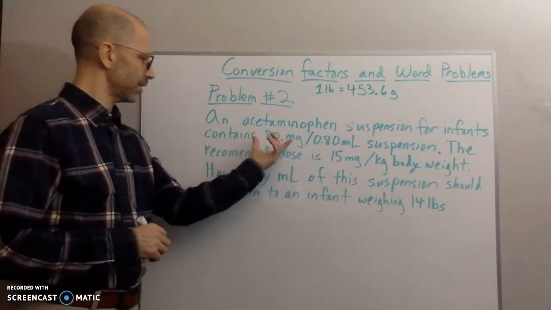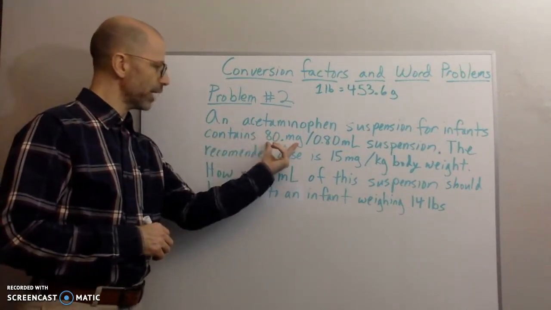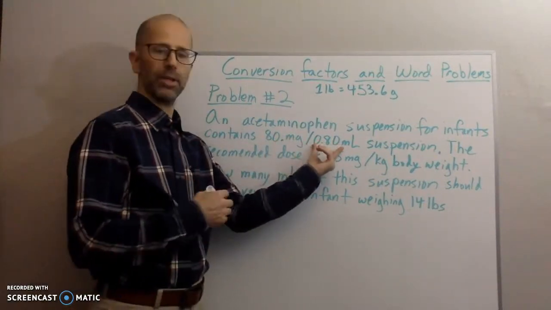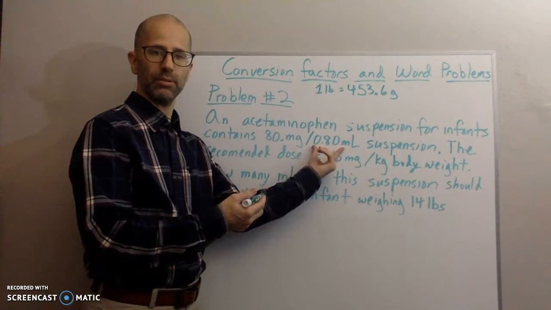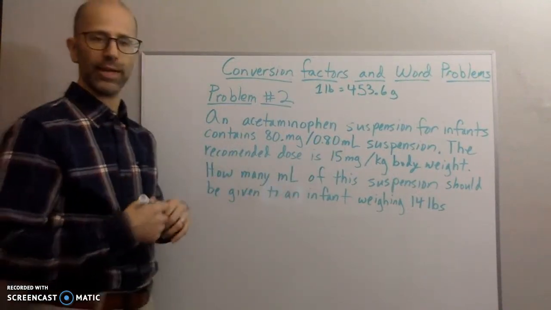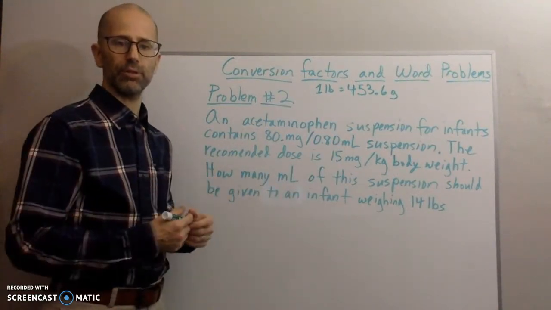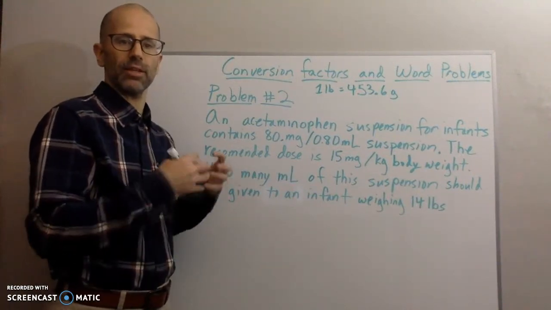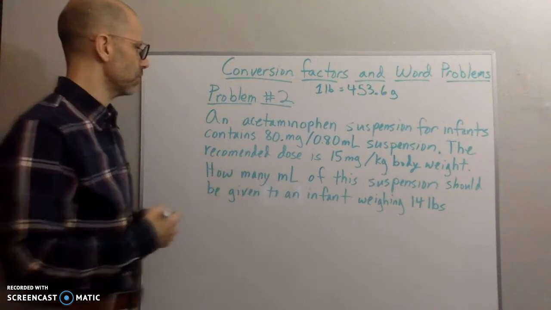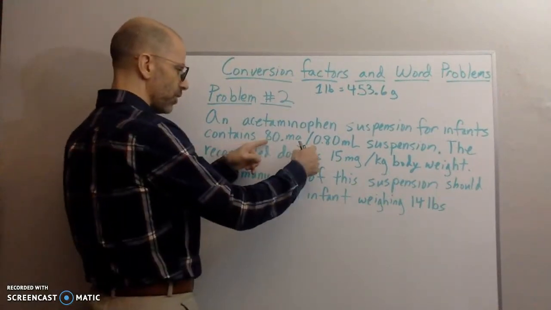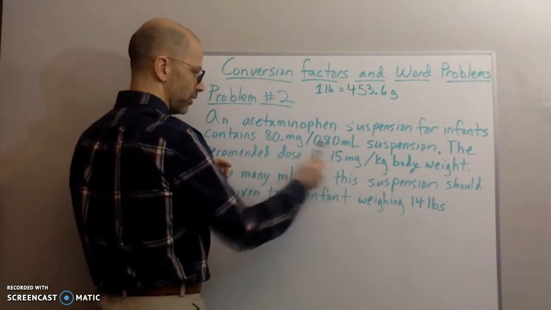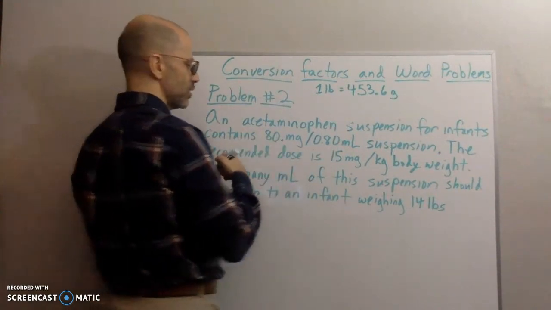So they're relating 80 milligrams of the medicine in 0.8 milliliters of the suspension, right? This is a liquid suspension that you're going to give to the infant, and within that suspension is the medicine itself, the mass of the medicine. So this is going to be a relationship, and notice it's this per this. So you can write that as an equality.